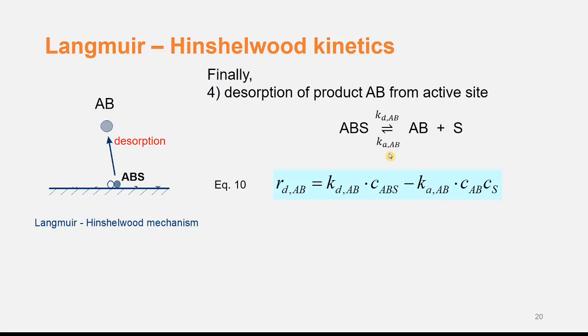We write the net rate of desorption as the rate of the forward step, that's KdAB times the surface concentration of AB, so CABS, minus the rate of the backward step, so that's KaAB times the bulk concentration of AB, so CAB, times the concentration of the vacant sites.